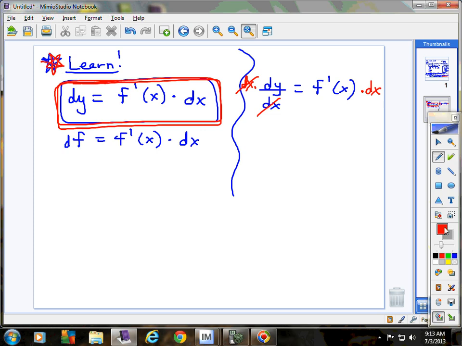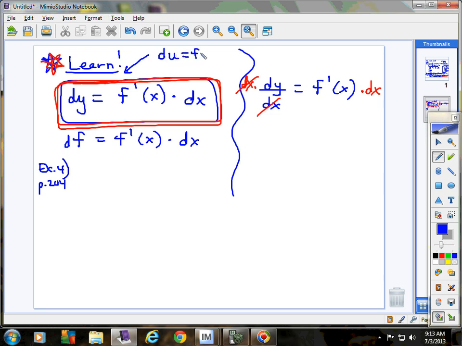Now let's try working a problem with that formula before we look at our second formula. Let's do example 4 on page 204. I'll just give you a preview of why this formula is so important. When we get to the end of Calculus 1, and I would dare say every day of Calculus 2, you're going to be finding a du.